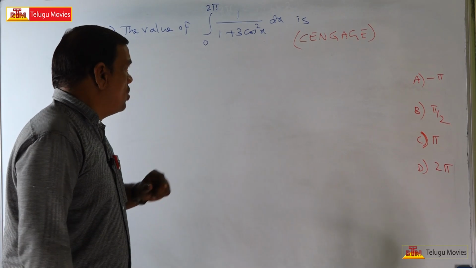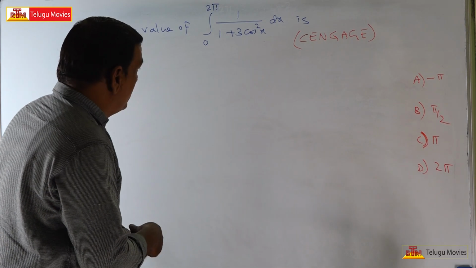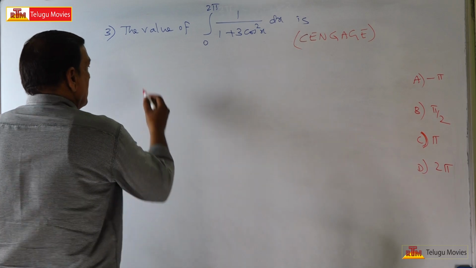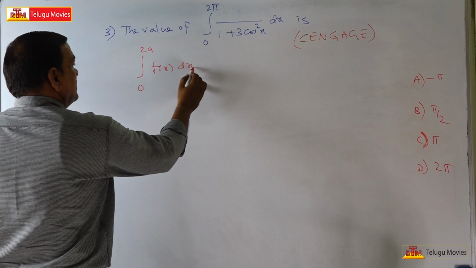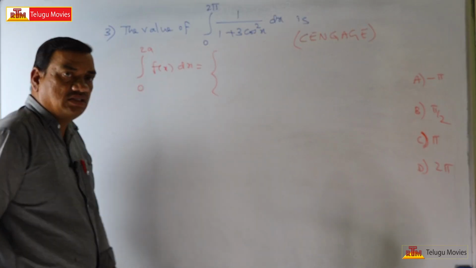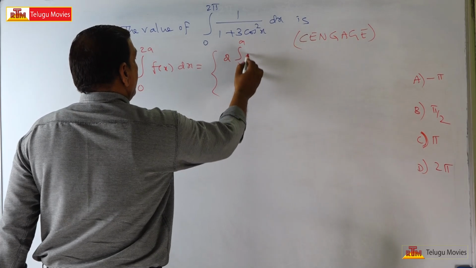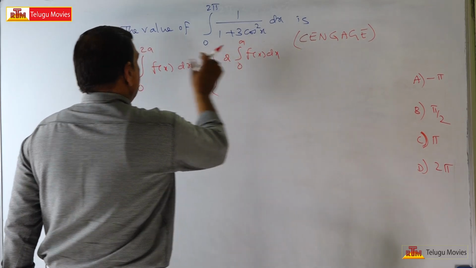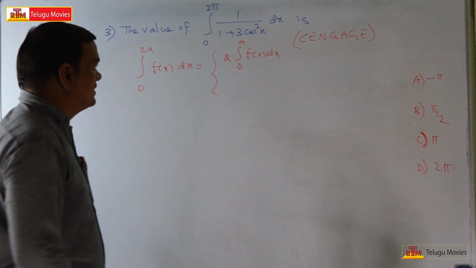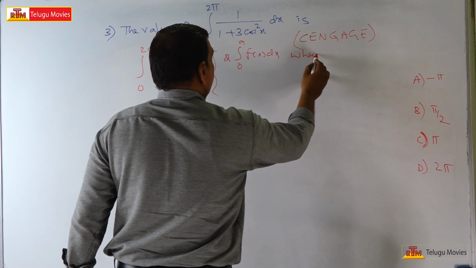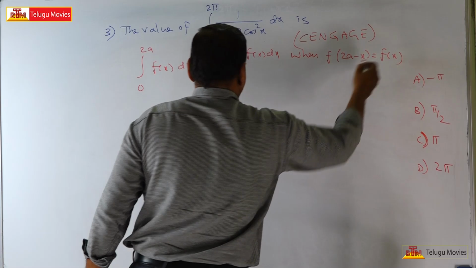Before solving this problem, you should know one property. We have one formula: the integral from 0 to 2a of f of x dx gives two answers. One answer is 2 times the integral from 0 to a of f of x dx, where the coefficient 2 comes out, whenever f of 2a minus x is equal to f of x.